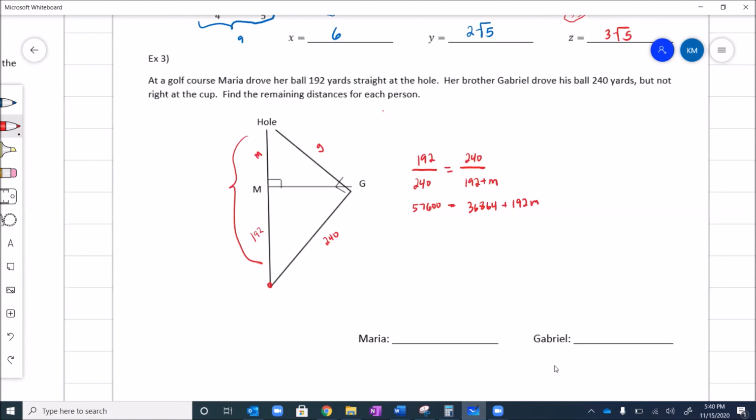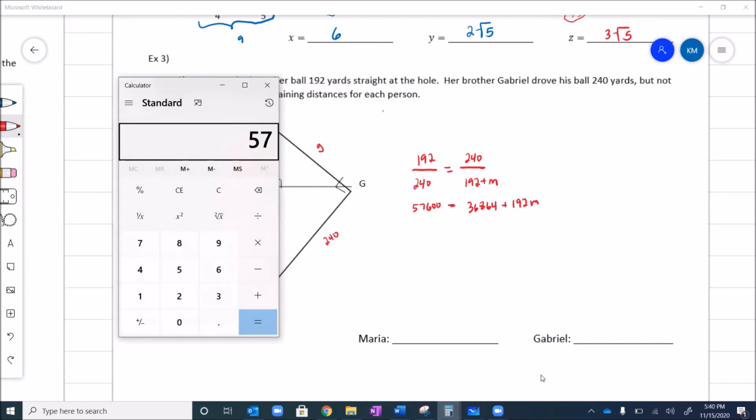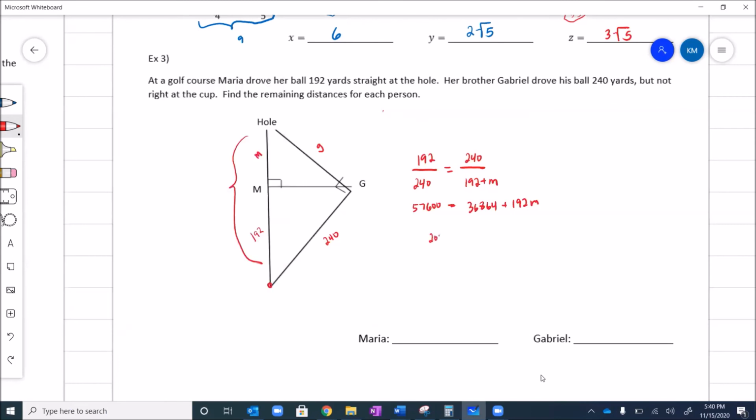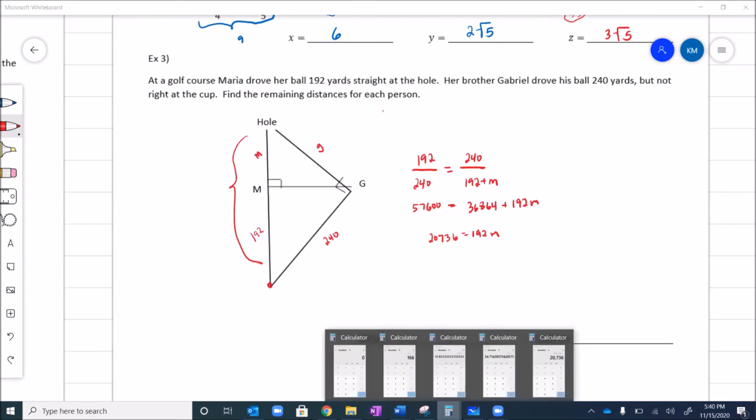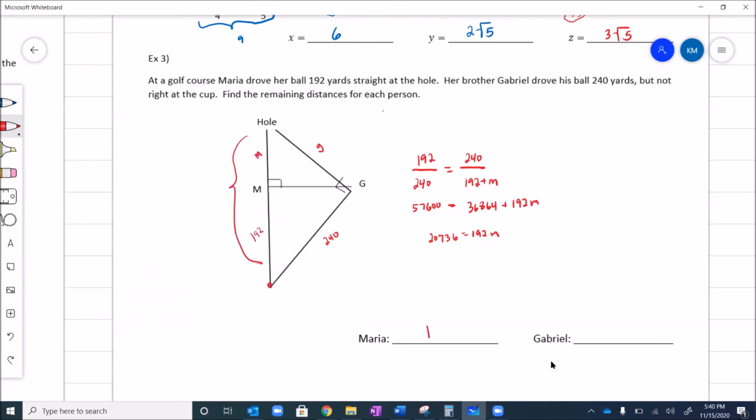Okay, so 57,600 minus 36,864, that's 20,736. So 192m. And I'm going to divide both of those by 192. 108 more yards. So Maria has 108 more yards to go.